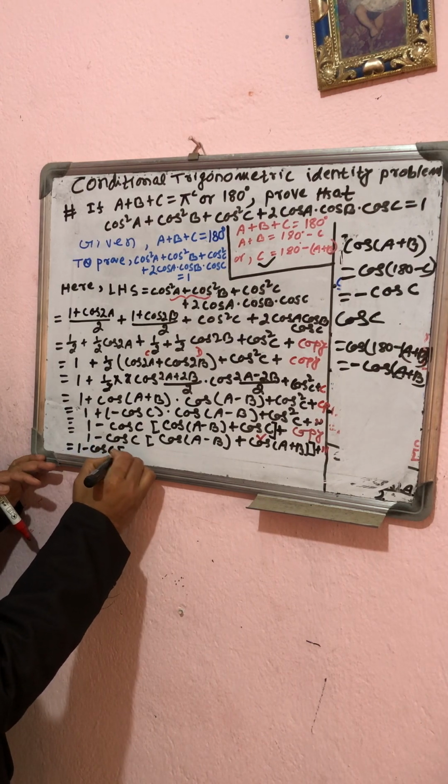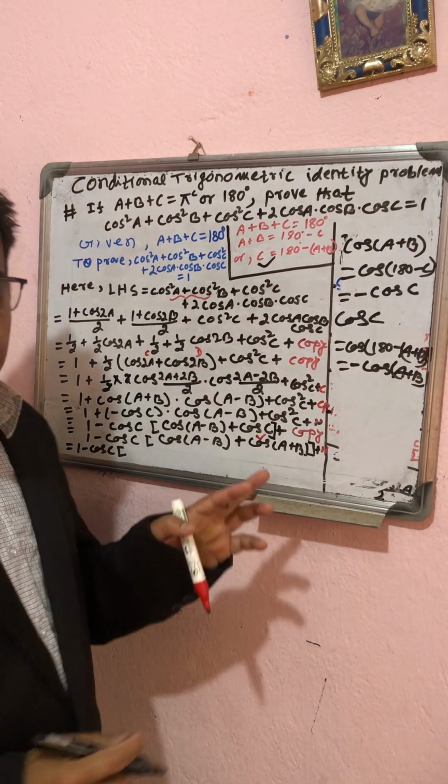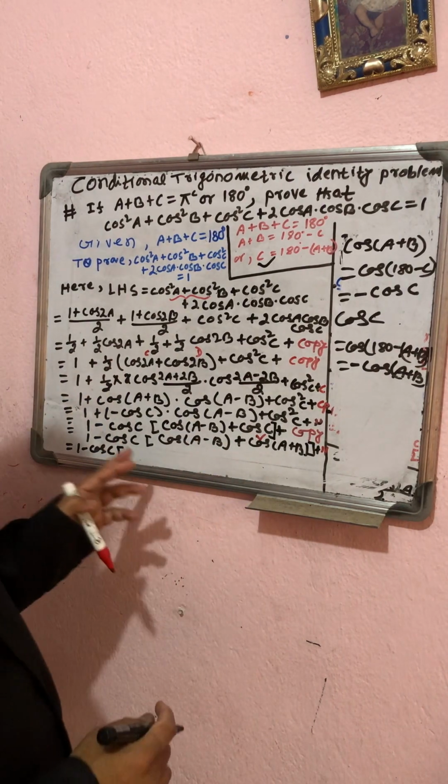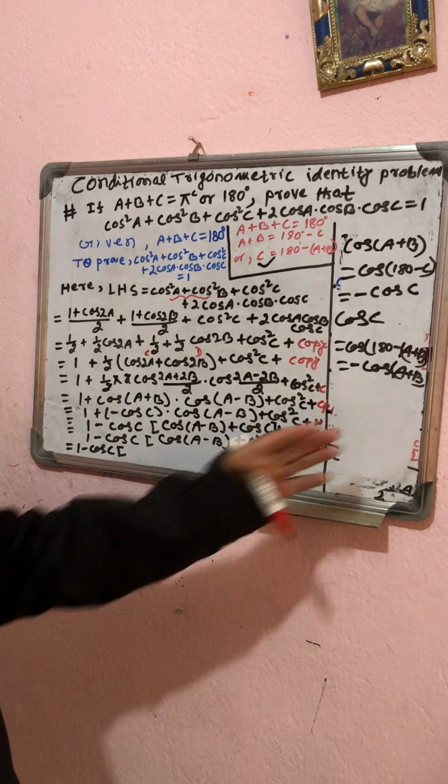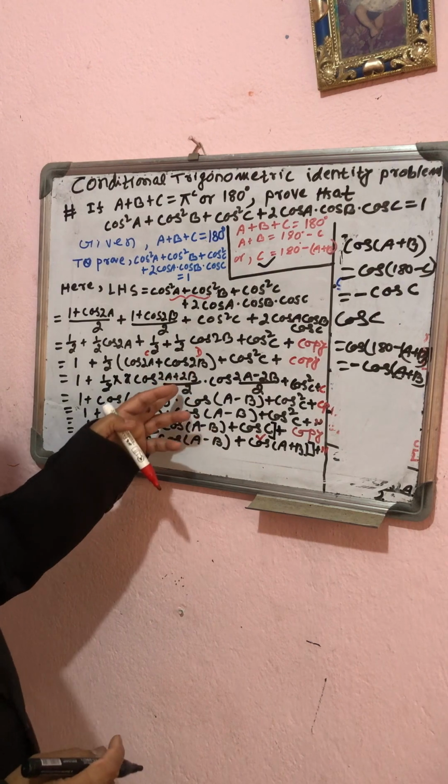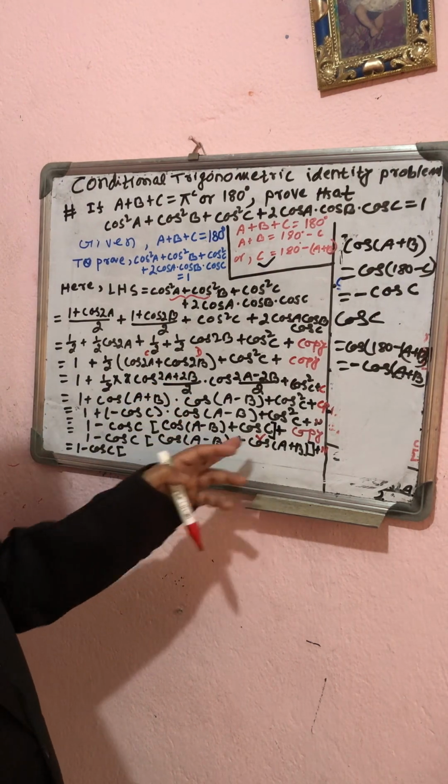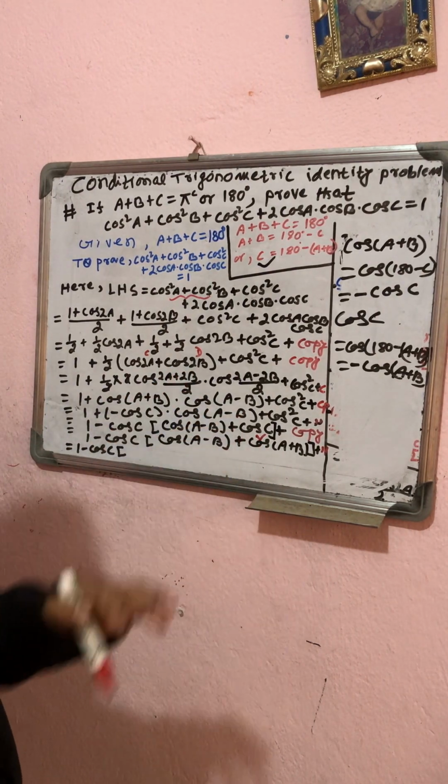Now again you can use the formula cos C plus cos D, the same formula that we used over here, that is 2 cos of (C plus D) by 2 times cos of (C minus D) by 2.